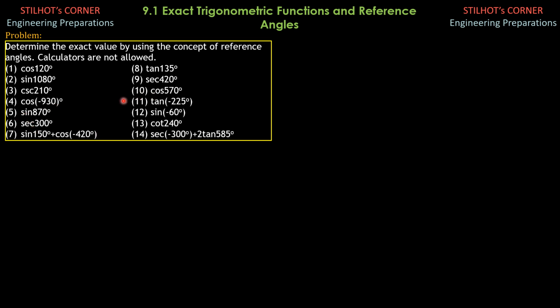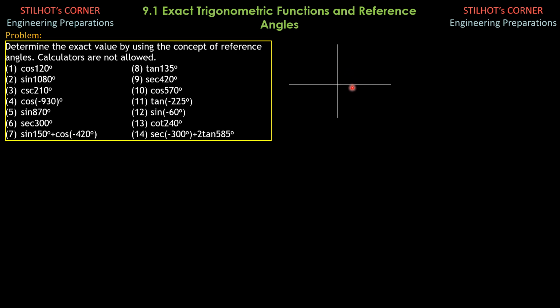So let's focus first on the angle 120 degrees and let's find the value of the cosine. So we have this plane and the axis as our guide. 120 degrees is in that direction, counterclockwise.